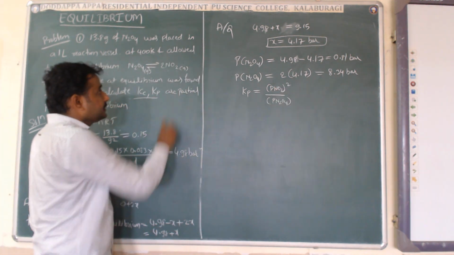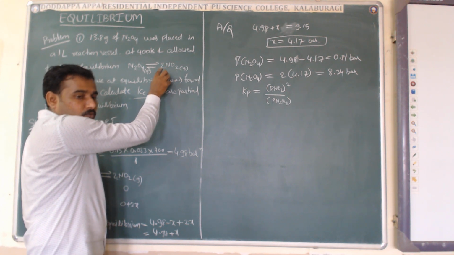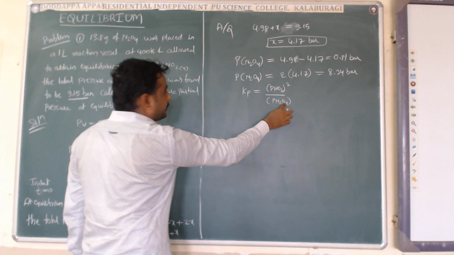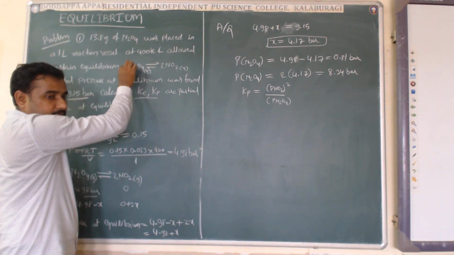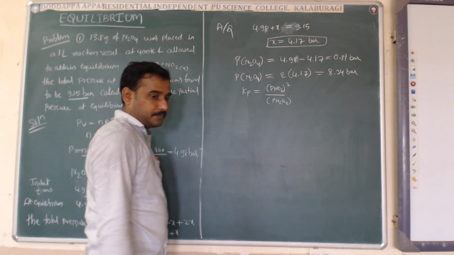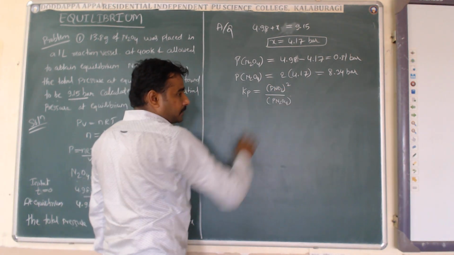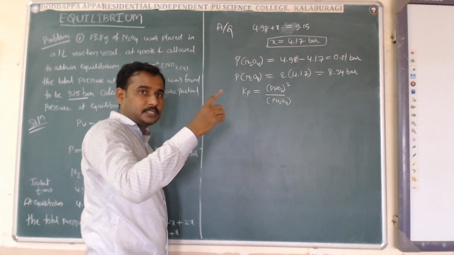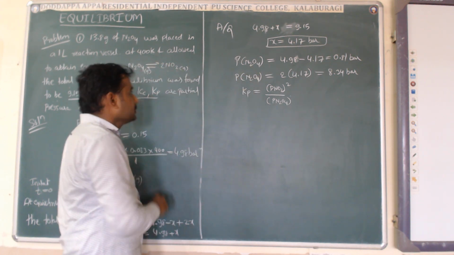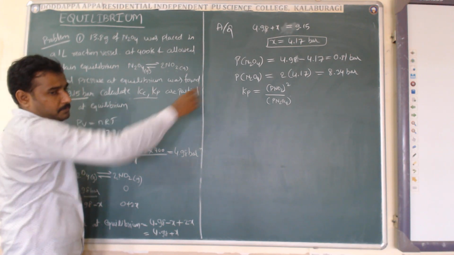Because here 2 is there, so you raise to the power 2. Next, N2O4: nothing is written, so 1 is there, and we raise to the power 1. Understood? How is the 2 coming here? Each term should be raised to its coefficient. If 2 is there, I raise the power 2; suppose 3 is there, I will raise the power 3.